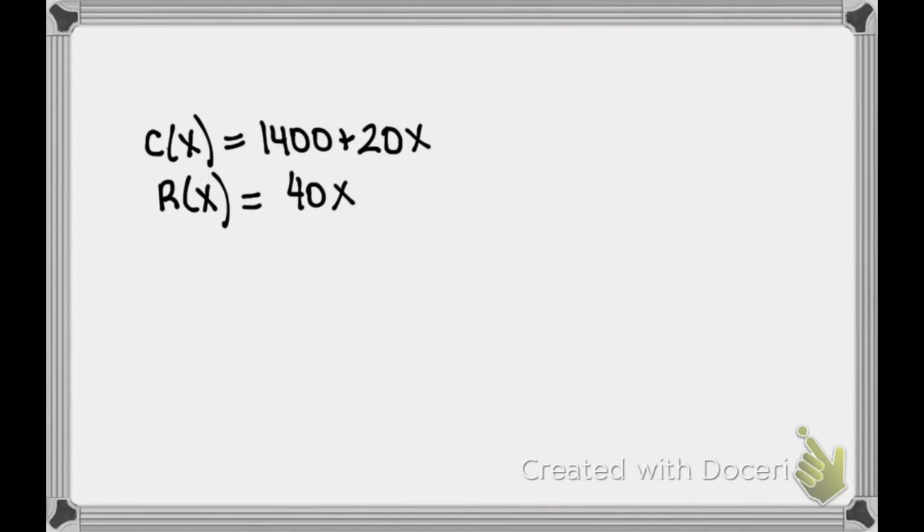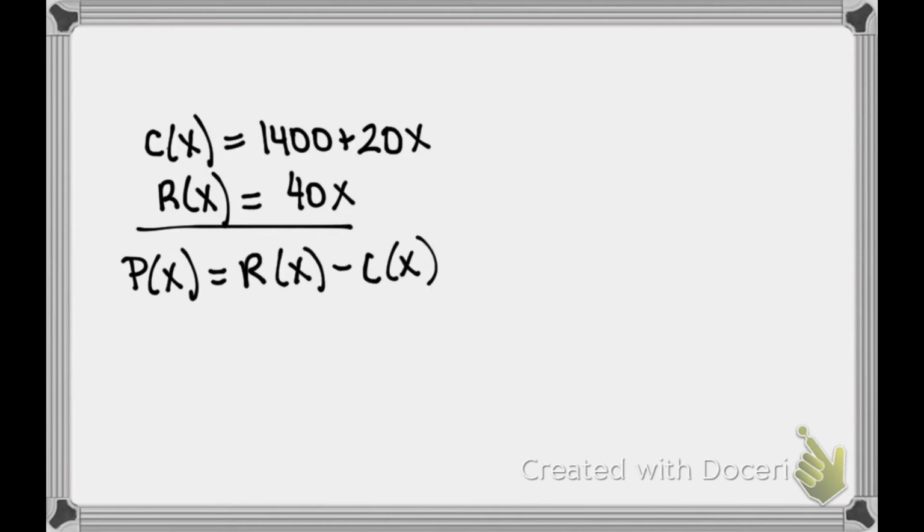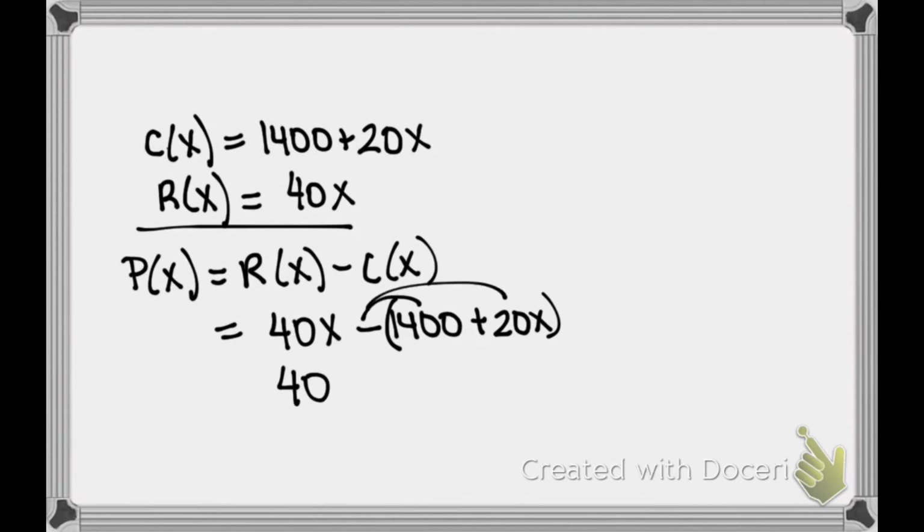Let me rewrite this on the next page here. By the way, we could also find the profit function right now because I know profit is revenue minus cost. So if I plug this in, this is 40x minus, let me write it this way, minus (1400 plus 20x). But if I distribute my negative, this is 40x minus 1400 minus 20x.